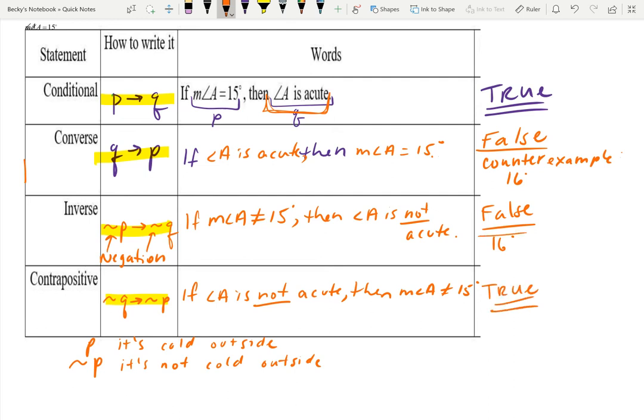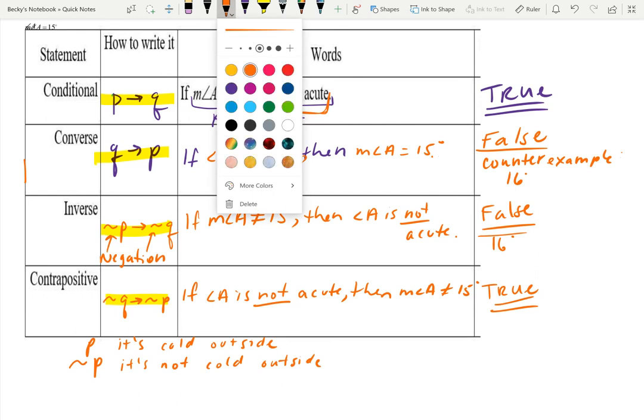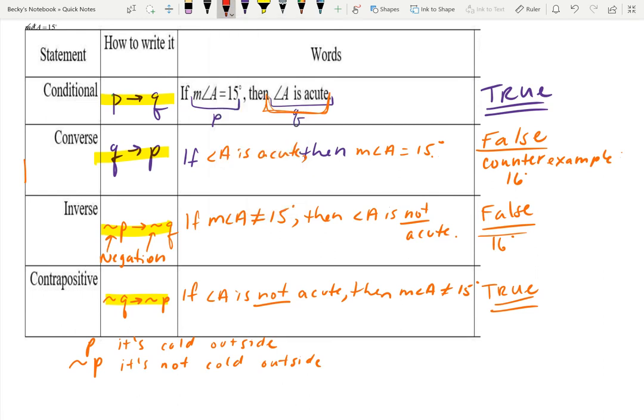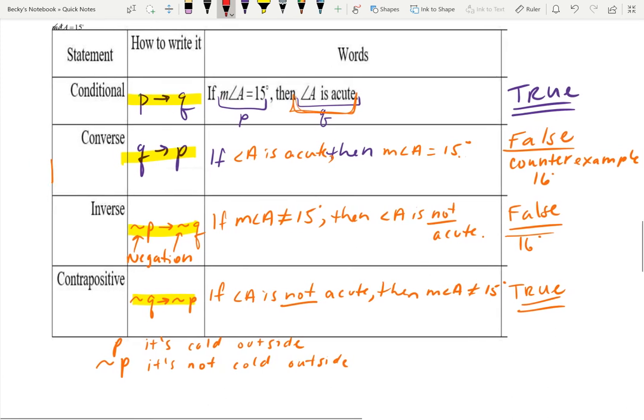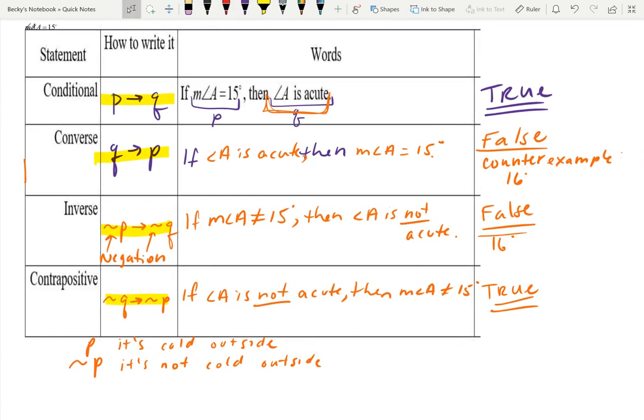Now, I'm going to give you the biggest hint there is, okay? So stay tuned here. For this class, there are only two different types of problems you'll have. You'll either have a question where everything is true, which is not the case here, or it'll be what we have, which is true, false, false, true. So, which statements are always true?